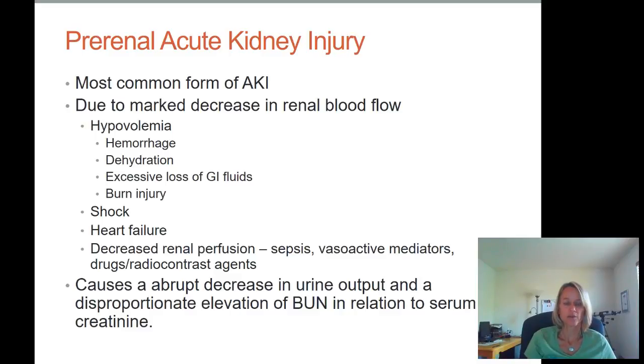So this causes an abrupt decrease in urine output and a disproportionate elevation of the BUN in relation to the serum creatinine. Okay, so remember, because the nitrogen is still reabsorbed, but we're not filtering very much, we can continue to reabsorb it. We can reabsorb a lot because the blood flow is moving so slowly because of the decreased GFR.